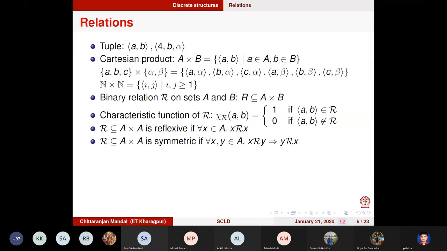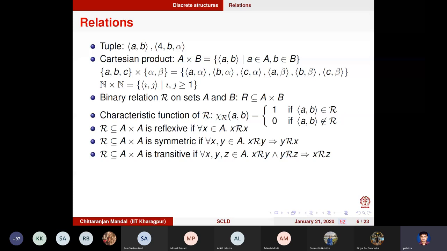Transitivity. If you have three elements X, Y, and Z in A, note that in general the relation can be defined over two sets A and B, binary relations. But I am taking a special case where B is the same as A. So I am talking about relations which are subsets of A cross A. Otherwise, this doesn't make sense.